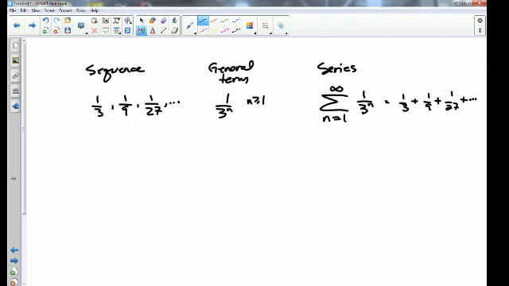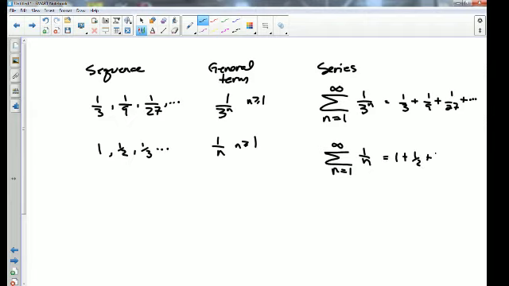Here's a series that diverges, that you would think would converge. The sequence would be 1, 1/2, 1/3, and this is 1/n. And that is 1 plus... That's called the harmonic series.